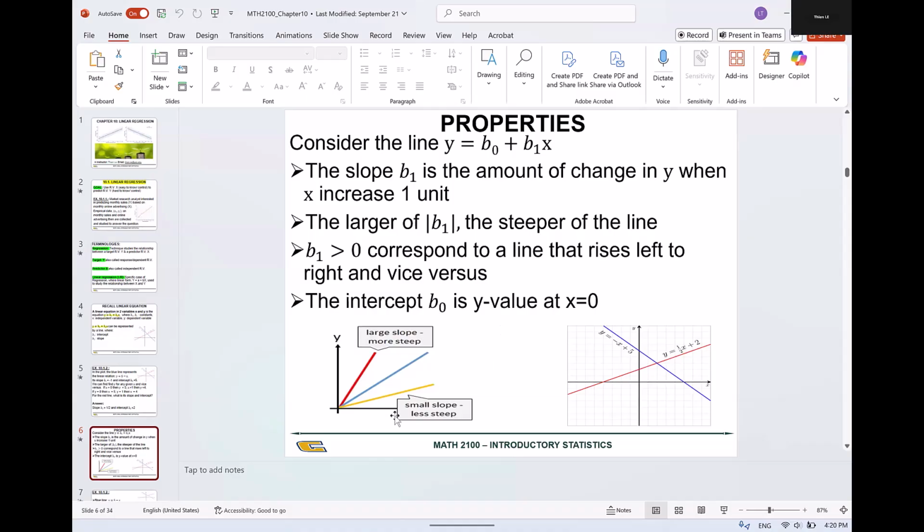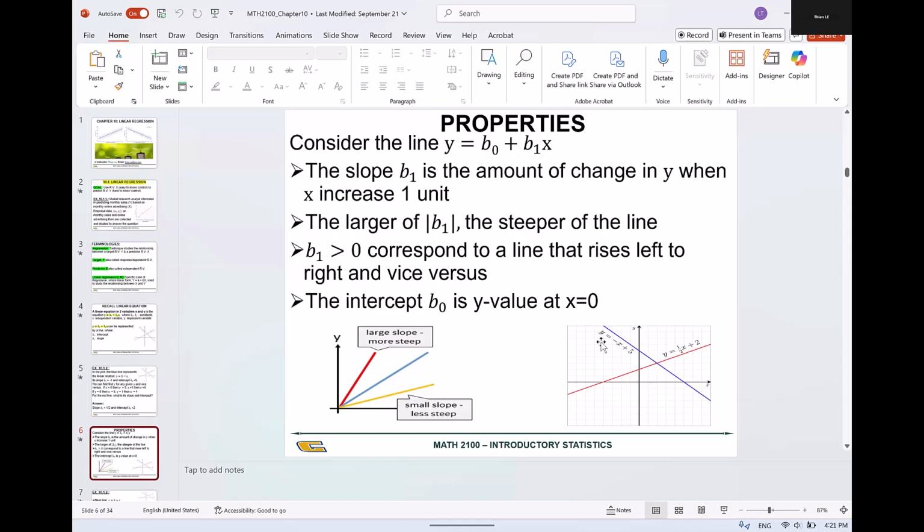And this figure just tells us, this one is y equals x here. And the yellow one is a case where the slope has a small absolute value, and then the red one is the slope with a large absolute value, so it's steeper.